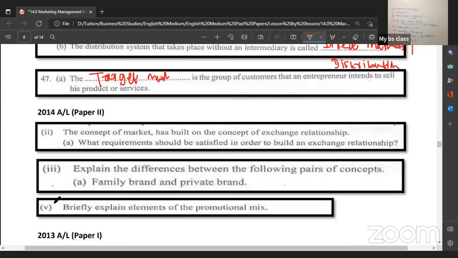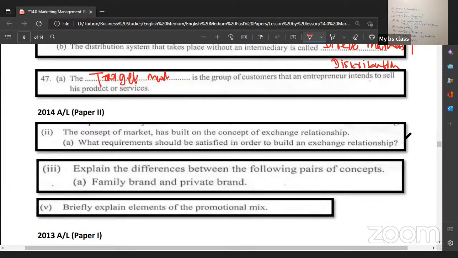Moving to 2014 A-level paper 2. The concept of market is built on the concept of exchange relationship. What requirements should be satisfied in order to build an exchange? I think, guys, this is the same thing that we discussed.